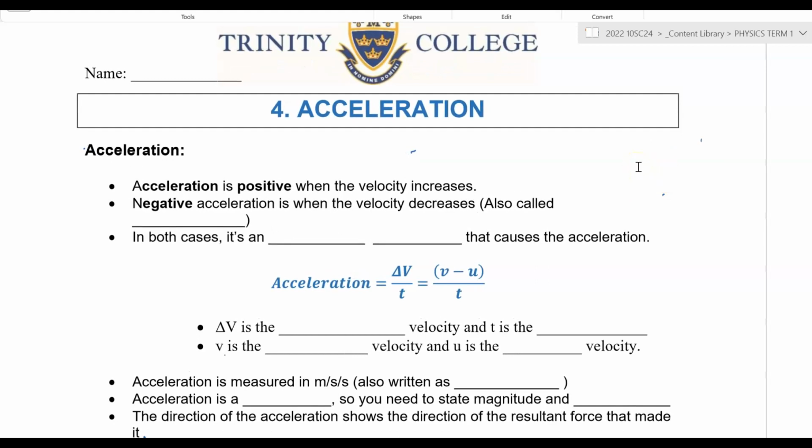Okay, so first of all, what is acceleration? If you copy this down, acceleration is simply a change in velocity. So speeding up, slowing down, or changing direction, because remember, velocity is a vector.